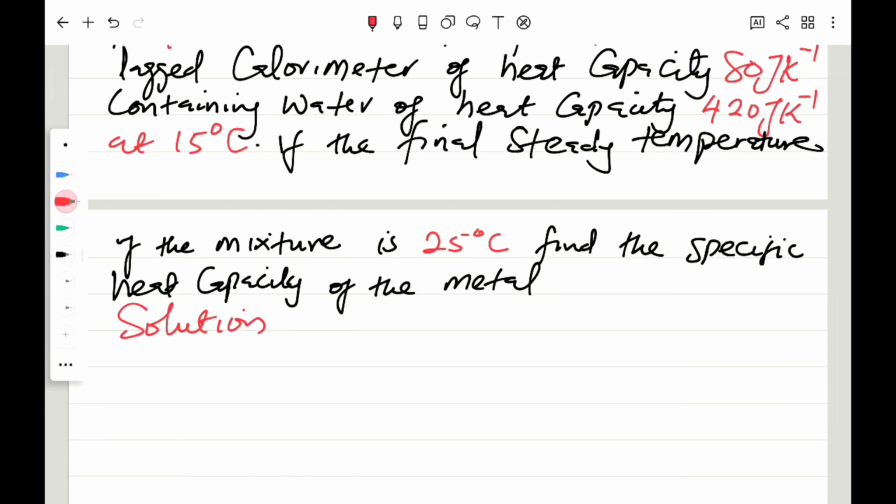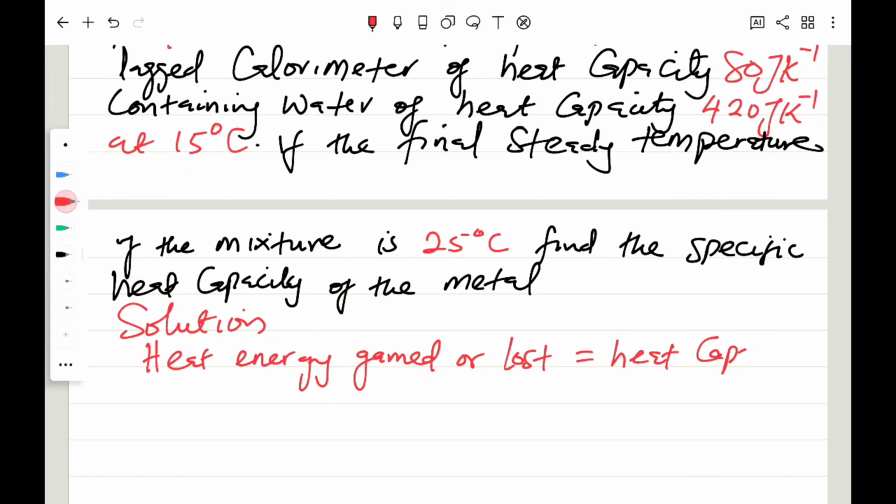If the final steady temperature of the mixture is 25 degrees Celsius, find the specific heat capacity of the metal. So, solution, recall that heat energy gained or lost is equal to heat capacity multiplied by the temperature change. Are we together?